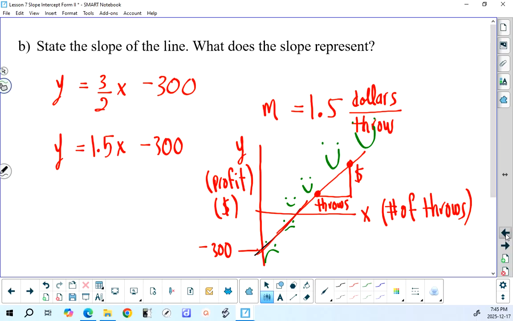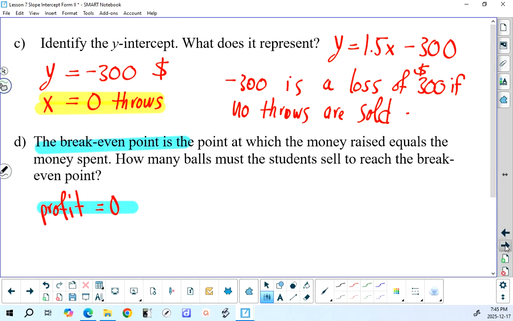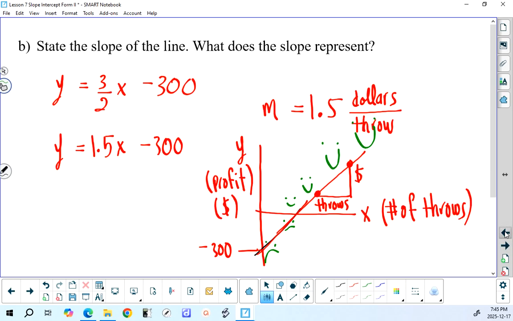In the region of the graph below the x-axis, they are losing money because the profit is negative. In the region above the x-axis, they're making profit because the profit is positive. The break-even point is where the profit is zero. So on this graph, everybody, I want to get rid of my smiley faces here.